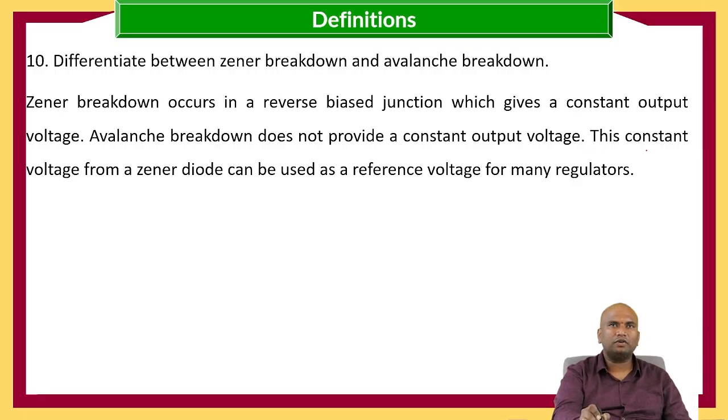This constant voltage from a Zener diode can be used as a reference voltage for many of the regulators.